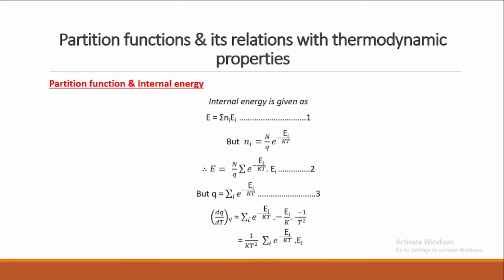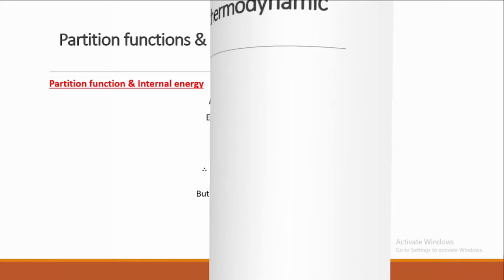So the equation will be summarized as 1 by kT square into sigma i into e raised to minus Ei by kT into Ei, where we are taking the constant outside. What we have done is rearranged the equation, so kT square comes to the left hand side.